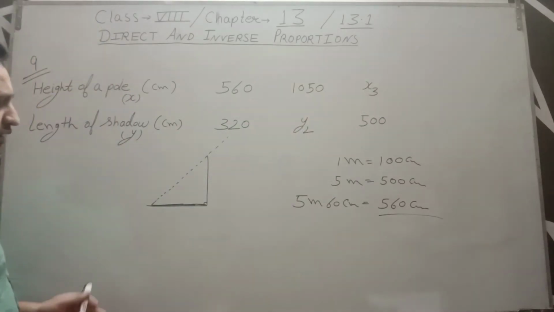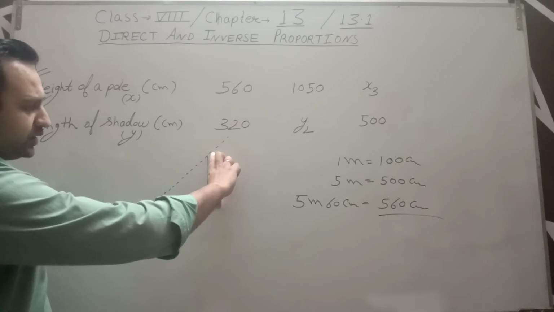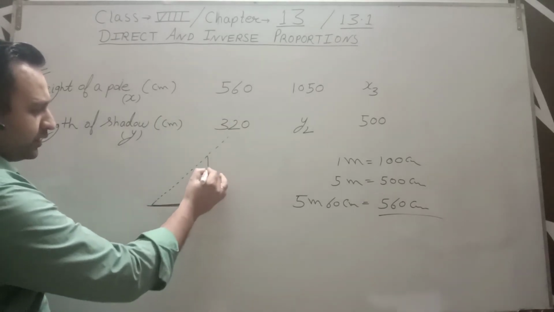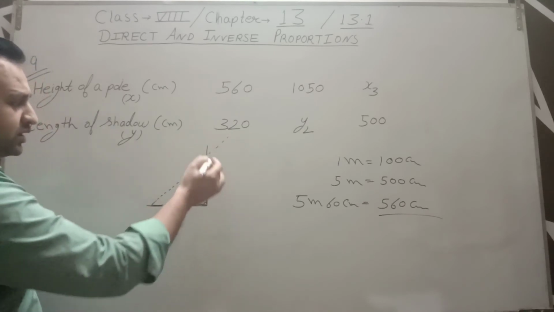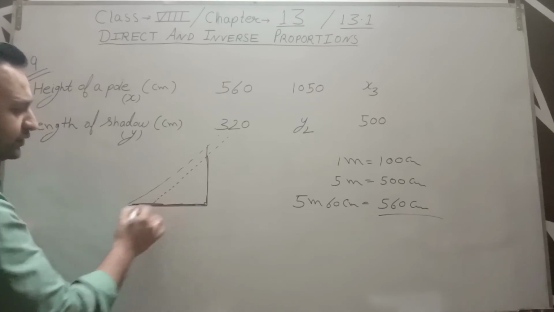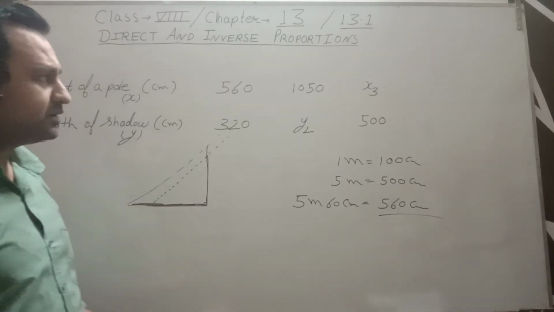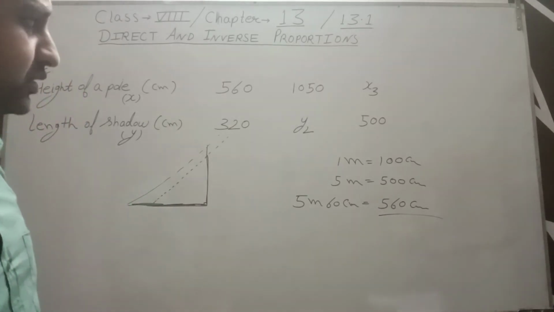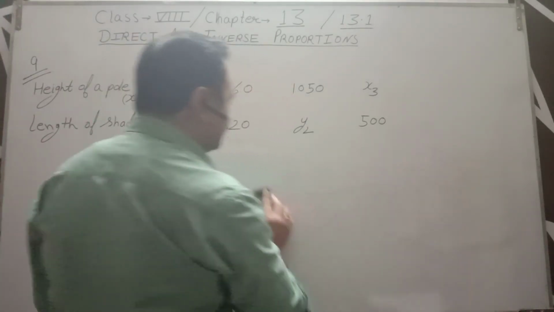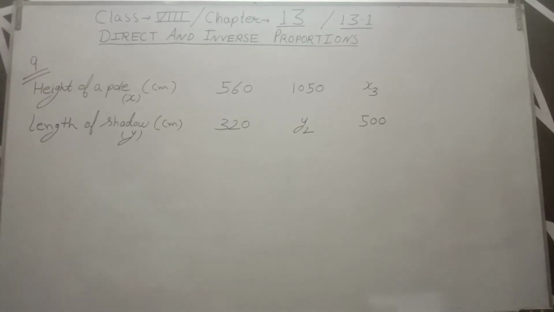And we know that if the height of the pole increases, then at the same time the length of the shadow also increases. So we can say that these are direct proportions. And what is the property we use in direct proportions?